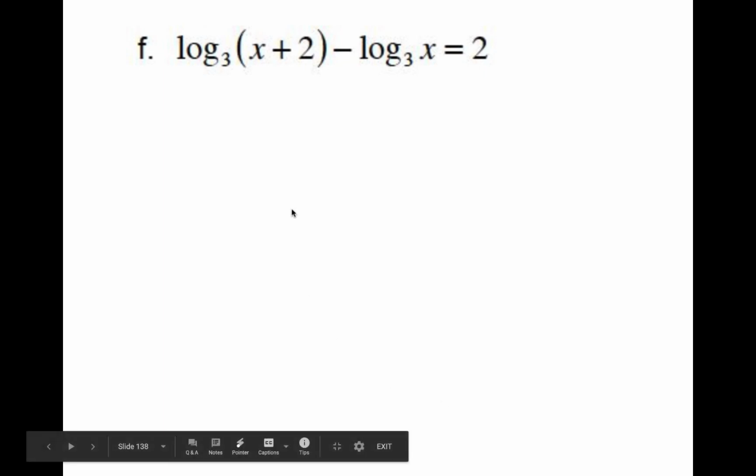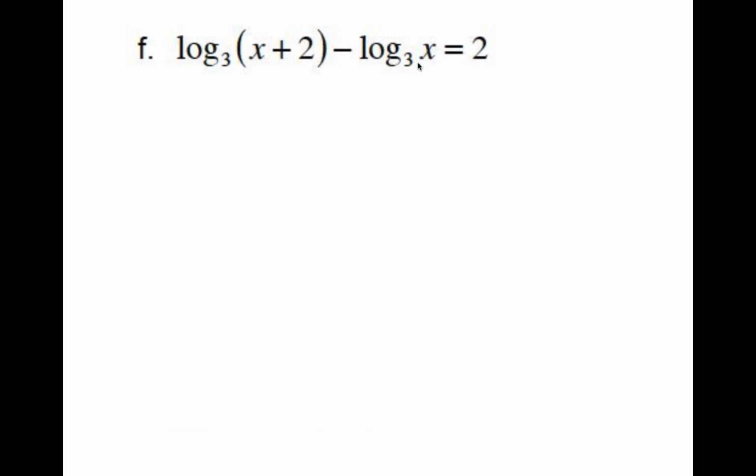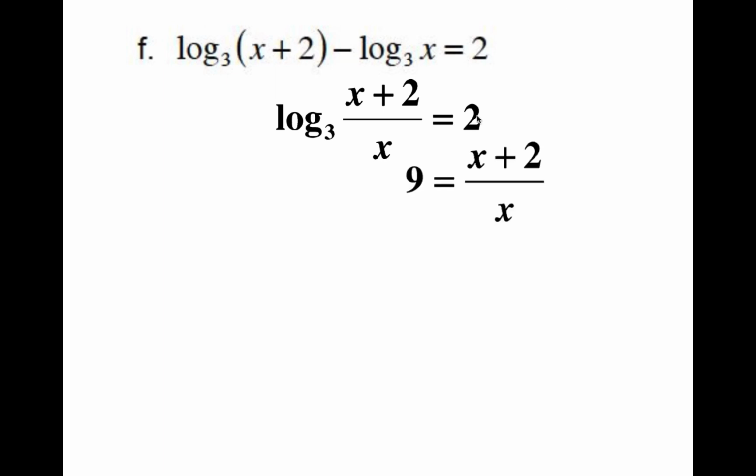All right, then we have this one. We're going to condense to a single log base 3. The minus means the x is going to go on the bottom. So this is going to be log base 3 of x plus 2 over x, and then drop down the equals 2. Do the hook, so we have 3 squared, which is 9, equals x plus 2 over x.